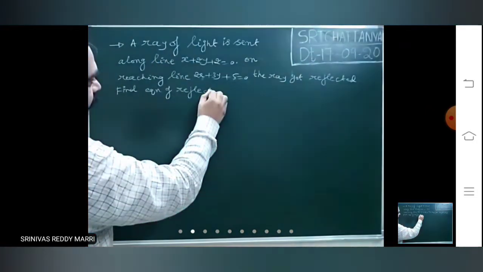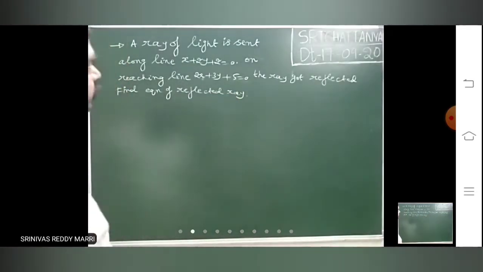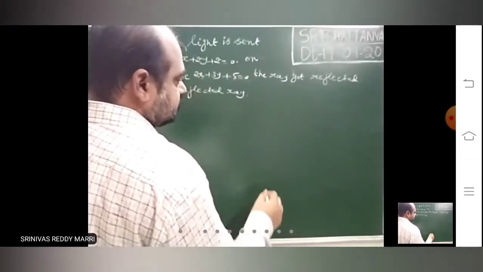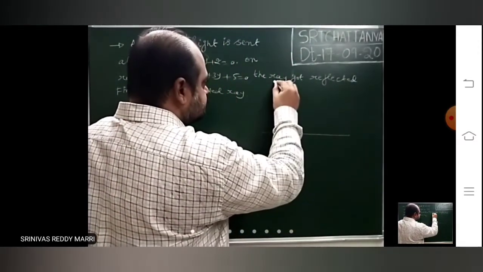Find the equation of the reflected ray. Look at this. So a ray of light is there.